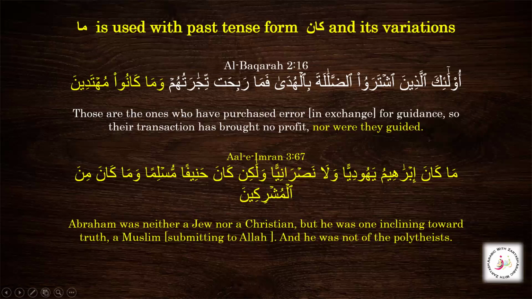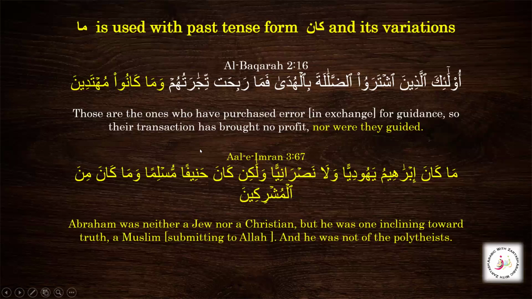So wama kanu muhtadin, here this is a Jumla Ismiya with the kana, with its isim kana and khabru kana. This is the whole Irab for this part of the Jumla, which contains kana. Wama kanu, and this is fail madi nakis, and it is mabni al-dam.